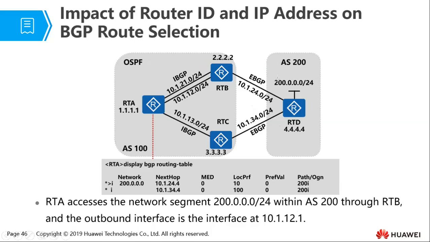So in AS200, we have the 200.0.0.0 network. It's going to be advertised through RTB and also through RTC to RTA. And if we do display bgp routing-table, we can actually see that we have 2 entries to that network.